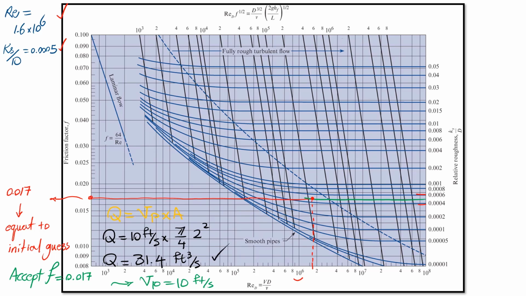So in this example, we didn't need to iterate because our initial guess was pretty accurate actually. So based on that initial guess, we calculated F and compared that to the initial guess. Because it was equal, we accepted F, we accepted velocity in the pipe, and calculated flow rate. This is the process. Now, what if the calculated F is not equal to the initial guess?